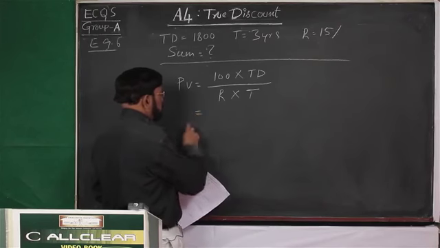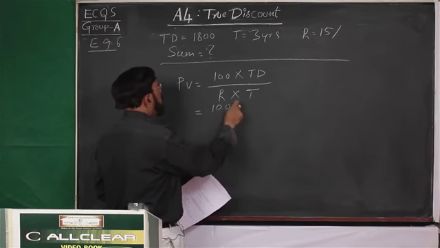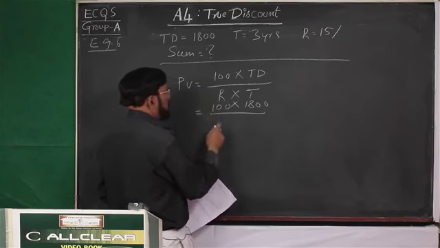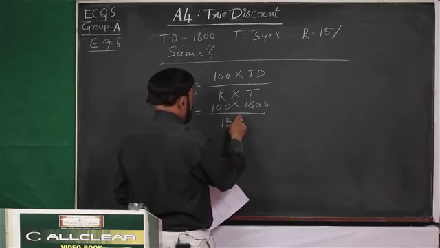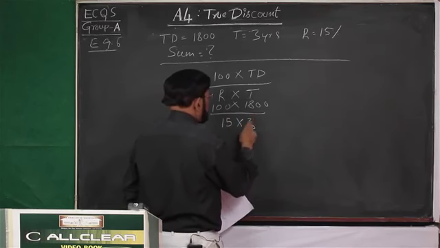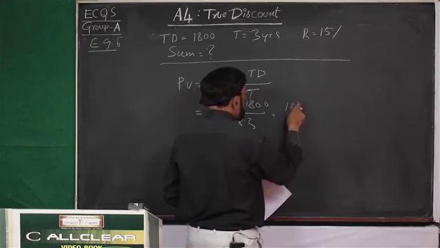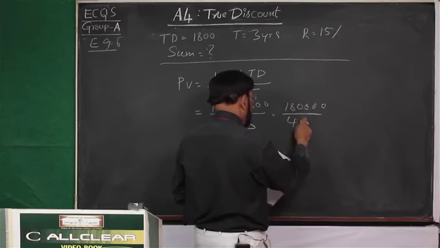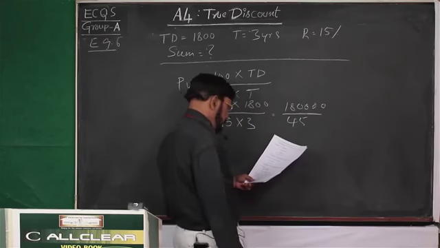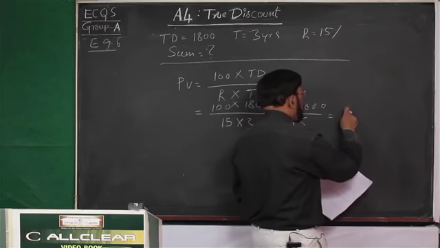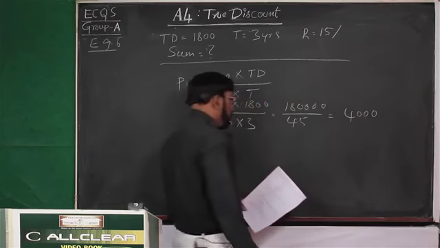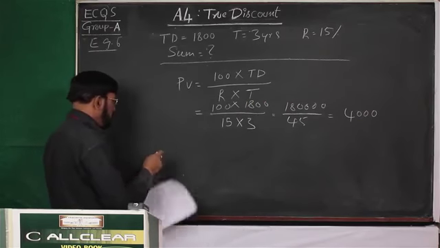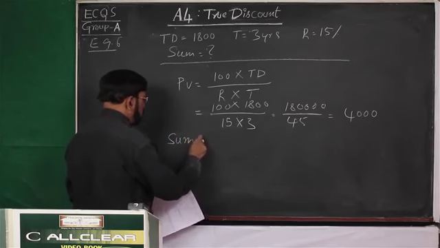Now let us substitute. This is 100 into 1,800 for the TD, and rate 15%, time 3. This is 2 zeros by 45. Then it comes to 4,000 rupees. 4,000 rupees is the PV, and what is the formula for sum?